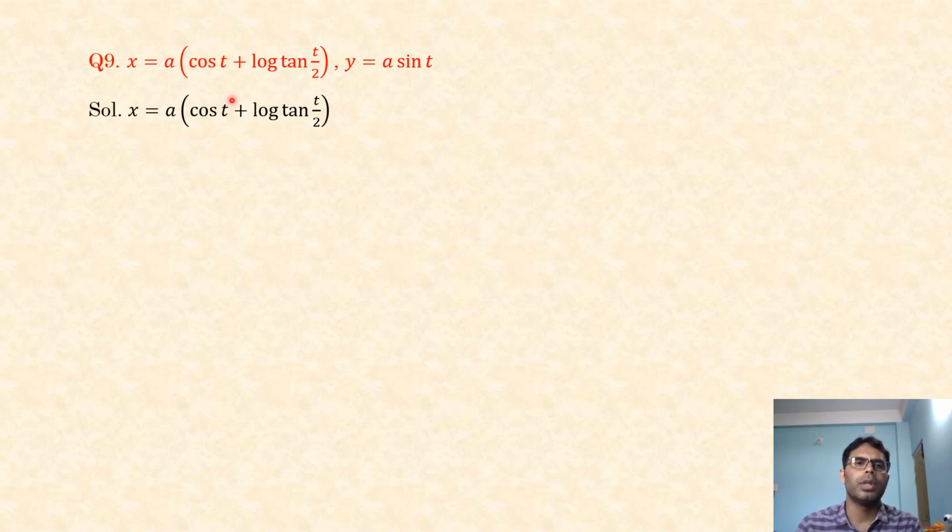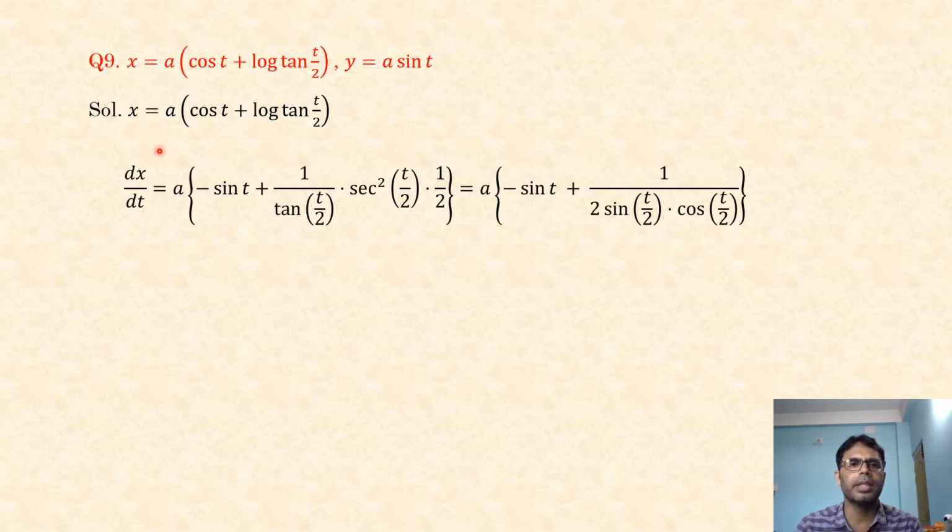So x is equal to this one, therefore dx/dt is equal to what? dx/dt equals a remaining same, cos t derivative is minus sin t, plus, the log function derivative is 1 by this tan(t/2), then into the tan function derivative is sec square(t/2), remaining same, into the derivative of t/2 is half only.